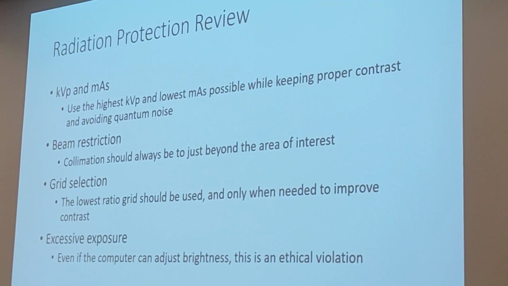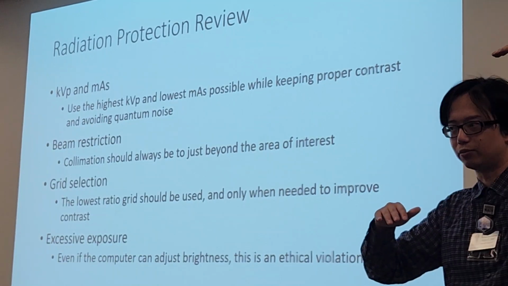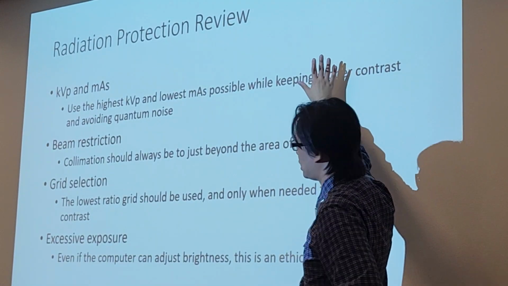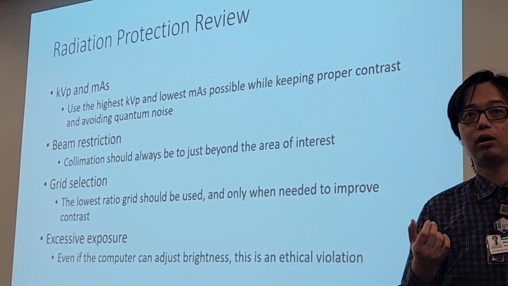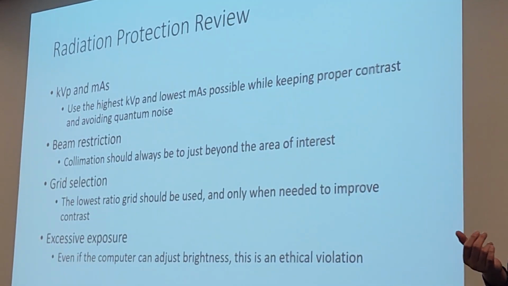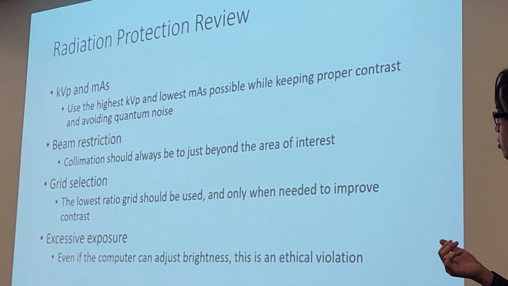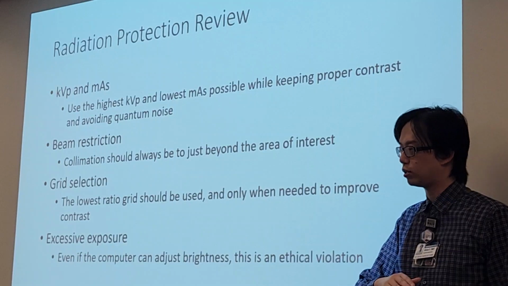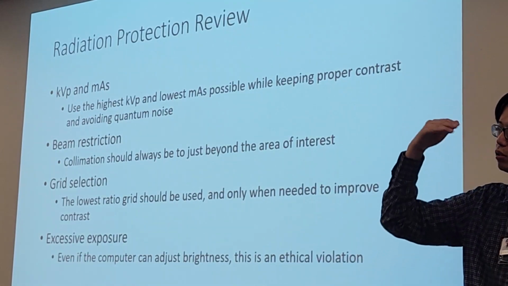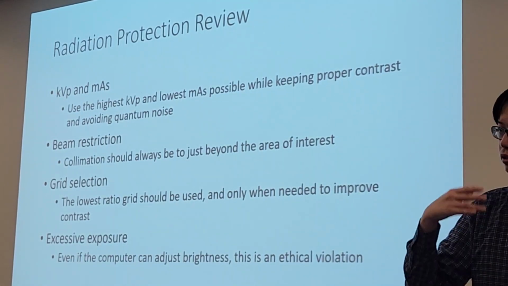But to compensate, what needs to happen? Increase kVp. Very good. 15% rule. So use the highest kVp and lowest mass possible while still having proper contrast and avoiding quantum noise. Right? Because if you drop your mass too low, that's when you run into that quantum noise. And if your kVp is too high, you're going to lower your contrast.